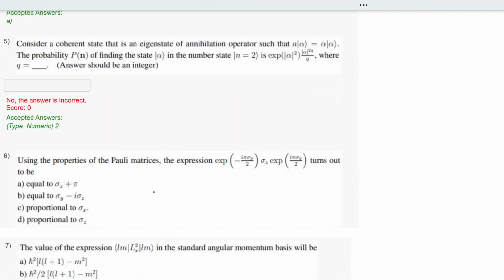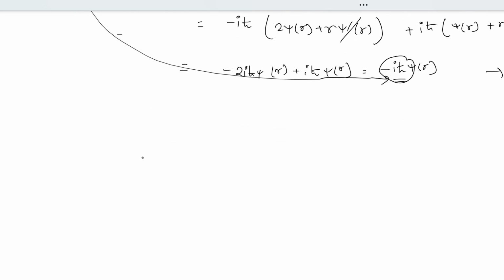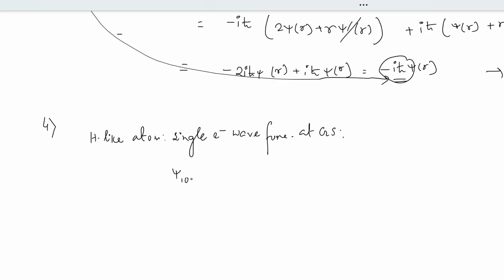So first of all, let me write down that hydrogen-like atom, that is single electron, wave function at ground state is psi 100 is equal to 1 by root over pi.